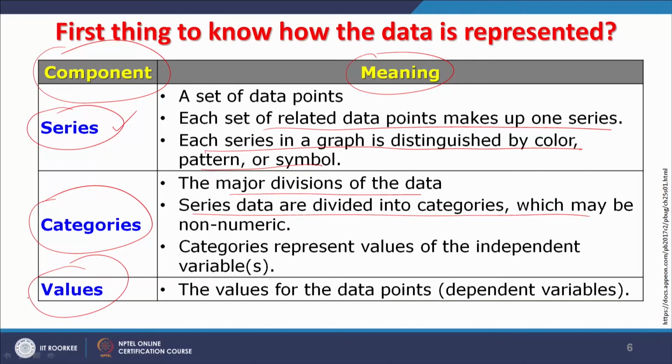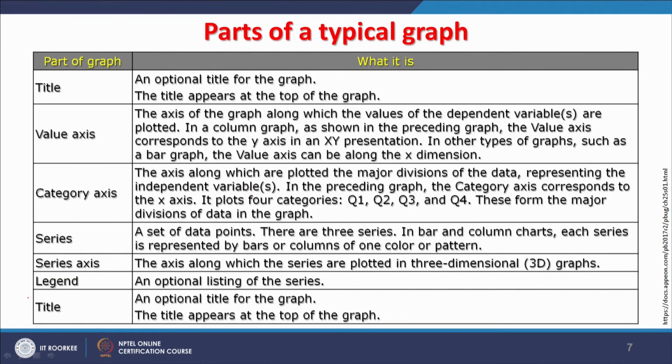Now, third is the values. The values of the data, that means if I am having say a water level in a well or in an area or several wells, then what is the value, and we should provide also a unit and other details.